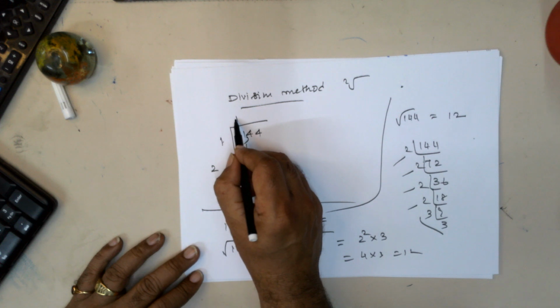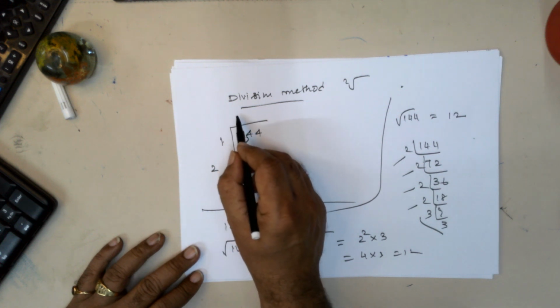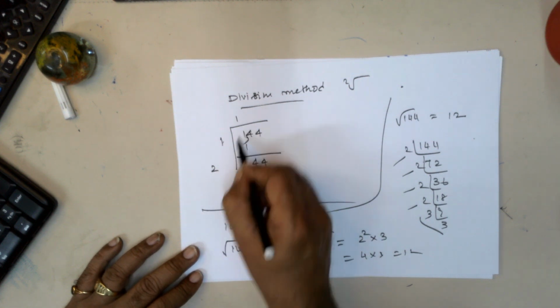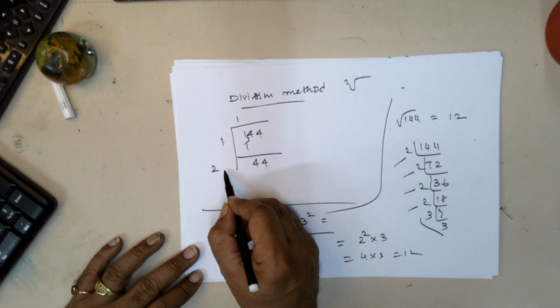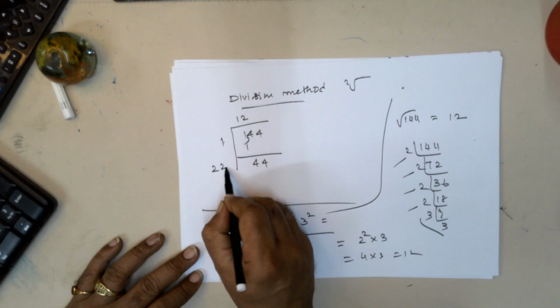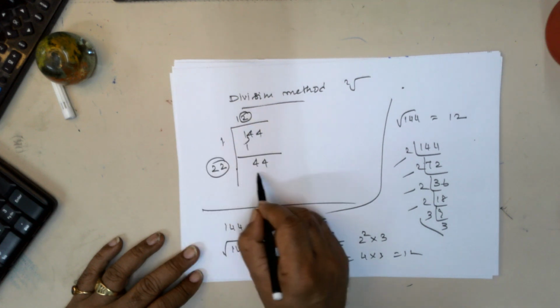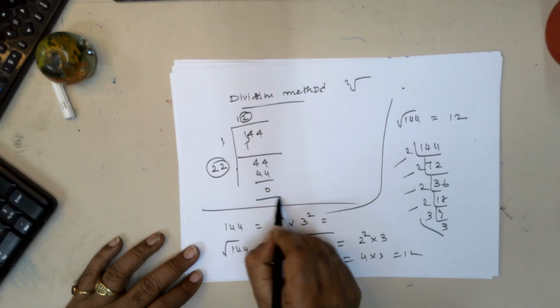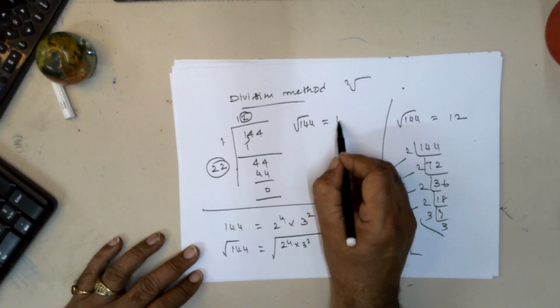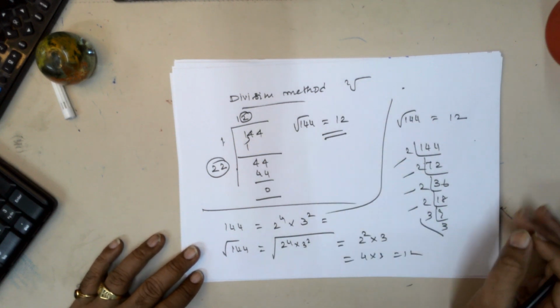Whatever quotient you obtain here should be multiplied by 2, and you should try to get the square values so that it matches with this. I can put 2, 2. So multiply by 2, and this 2, 22. So 44, that is equal to 0. So my square root of 144 is equal to 12. This is the way you can do it.